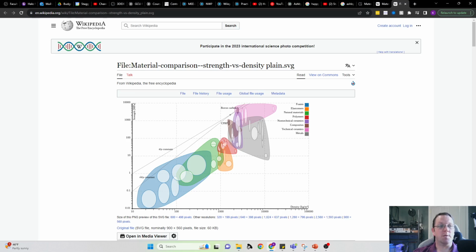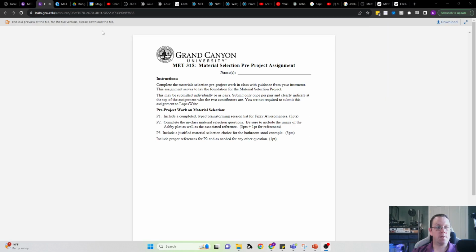handout for this assignment real quick. So for this pre-project work in pairs, you're going to do a brainstorming session and come up with what things you're going to need in terms of parameters and things to measure.